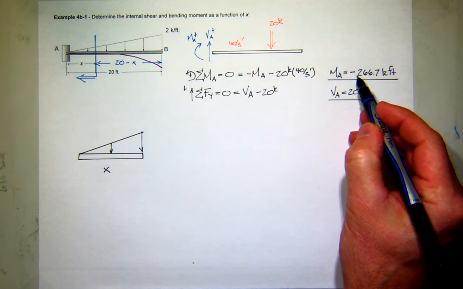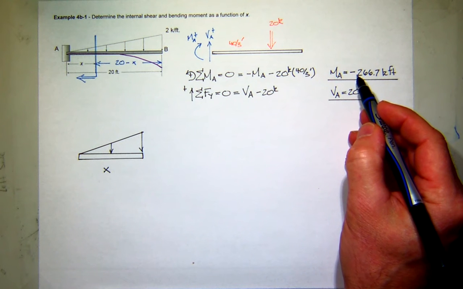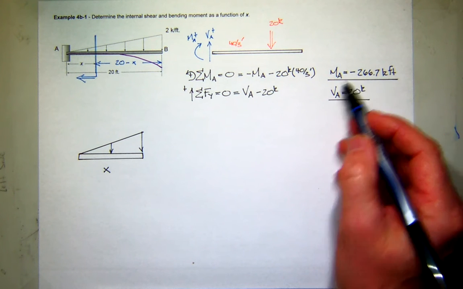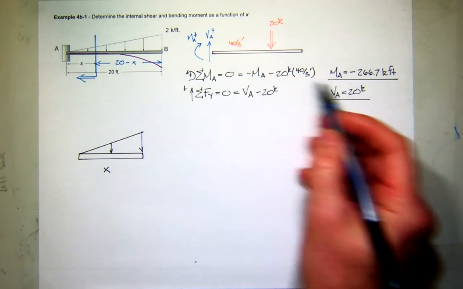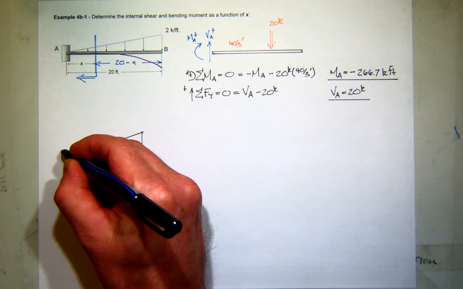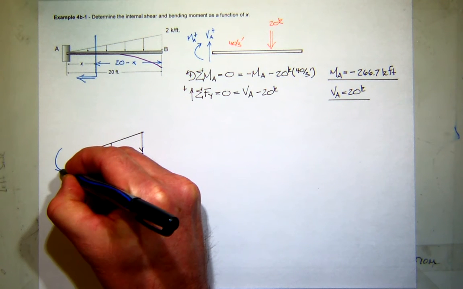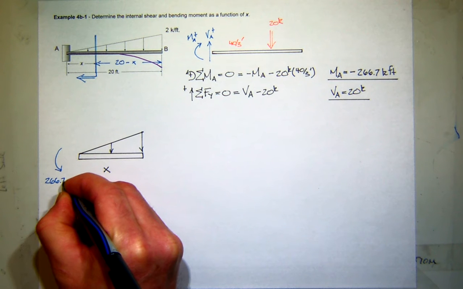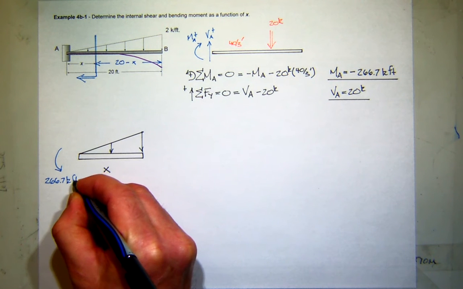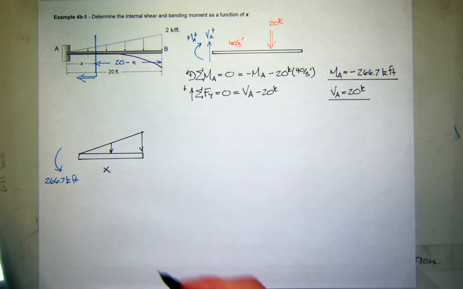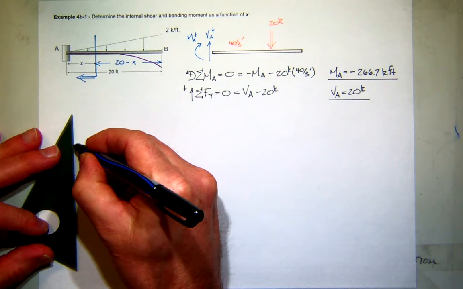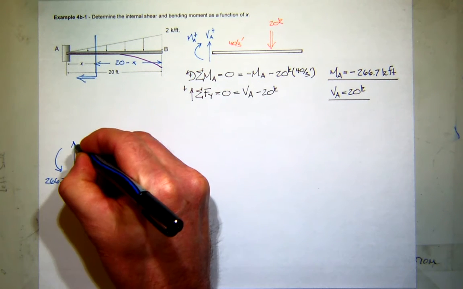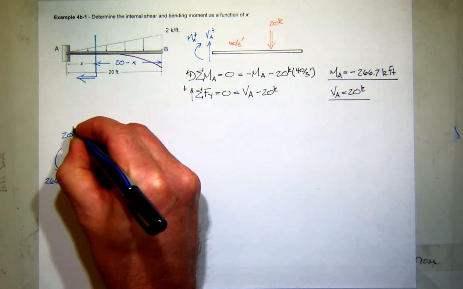So my moment is negative. So which way is negative moment on this edge? That's positive. I have a negative sign, so it's actually in this direction, right? 266.7, and that will be kip feet. And my shear is up, and that's 20 kips.